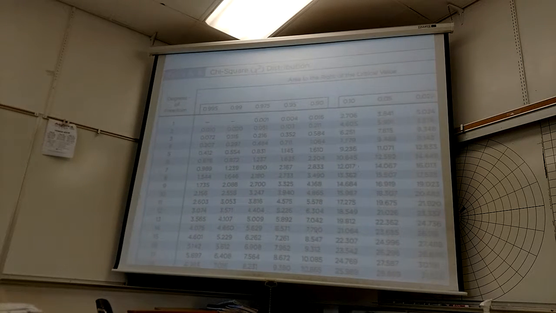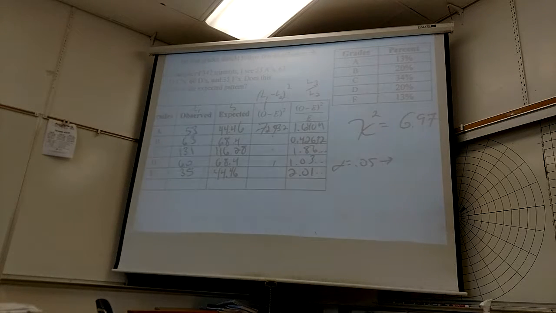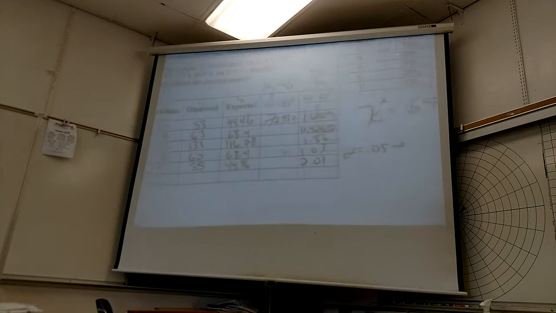We already got this chart here, the chi-square table. Alpha 0.05 is the most used, the 95% confidence interval, the most used confidence interval.